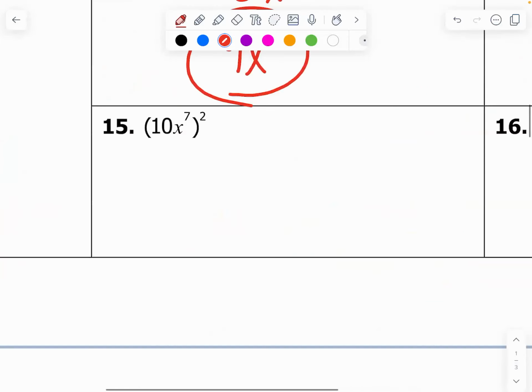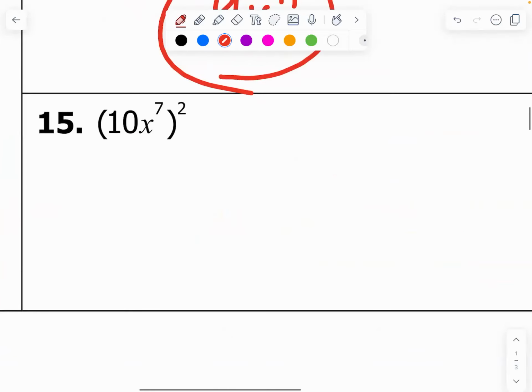All right, now let's look at number 15. Kale, what are we going to do in number 15?